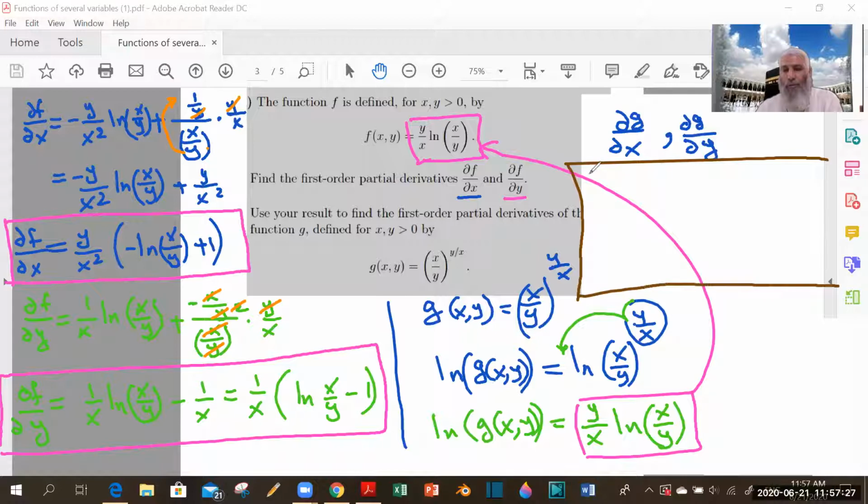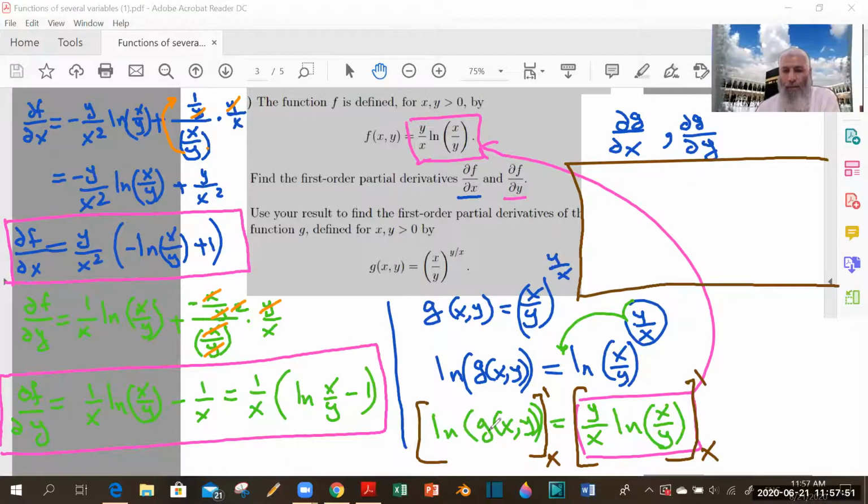With respect to x, I will take the derivative of this with respect to x and the derivative of this with respect to x. So what is the answer? What is the derivative of ln g of x, y with respect to x? We use the first derivative with respect to x, yes?